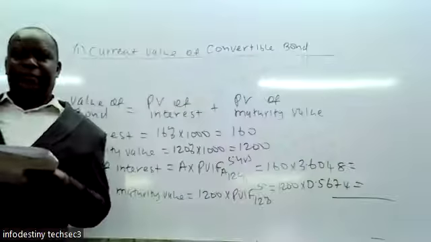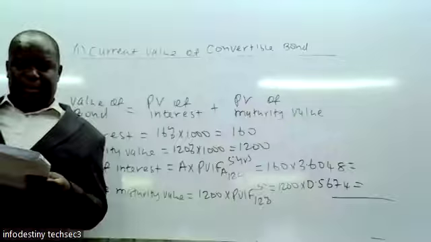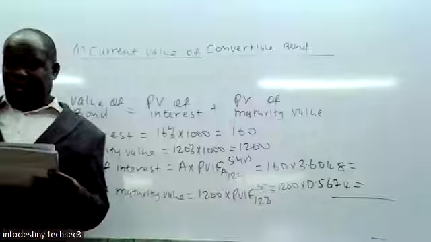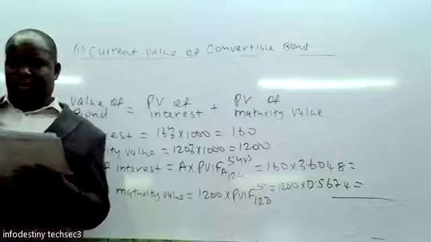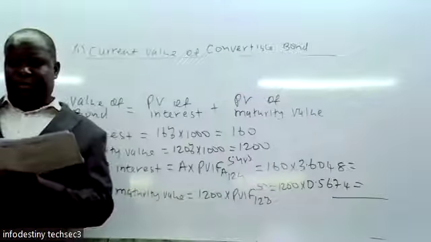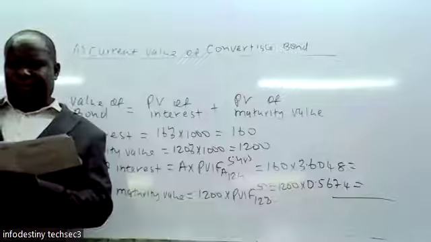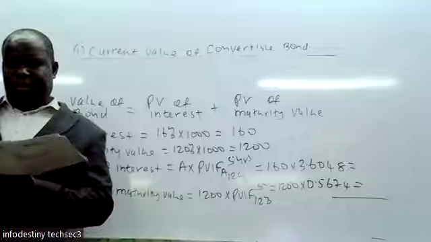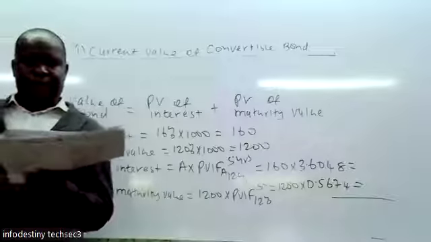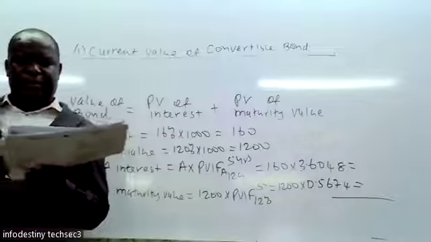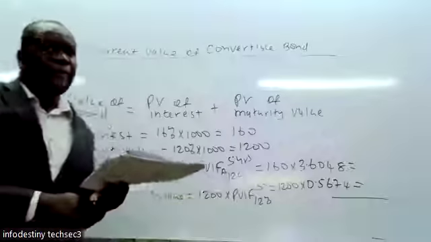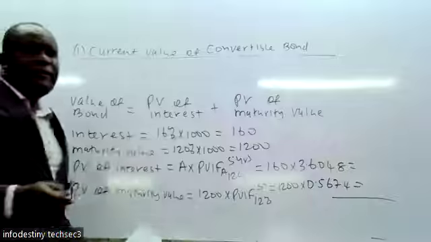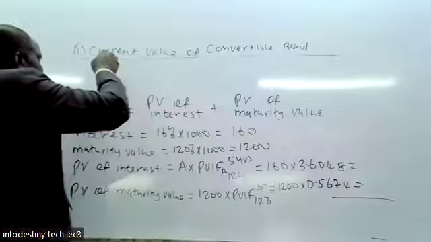What you do first is get the conversion value. They have said that the bond will either be redeemed at a 20% premium after 5 years or converted into equity at a conversion rate of 100 per 2 ordinary shares. So first, get the conversion price per share.